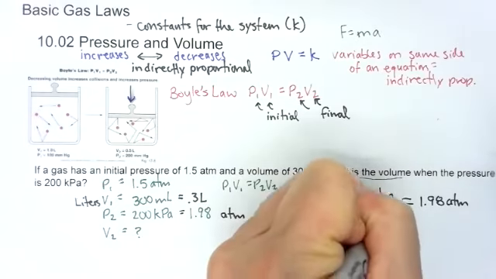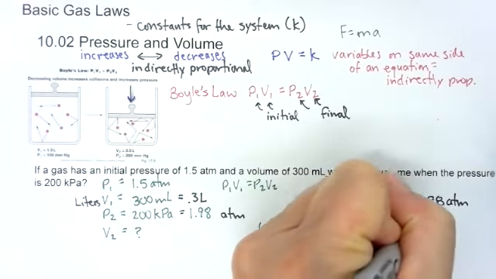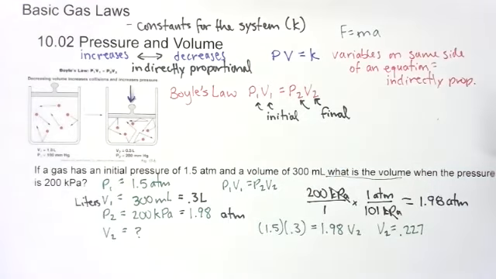So V2 is going to be 0.227. I said 4.5 because I multiplied it by 3.